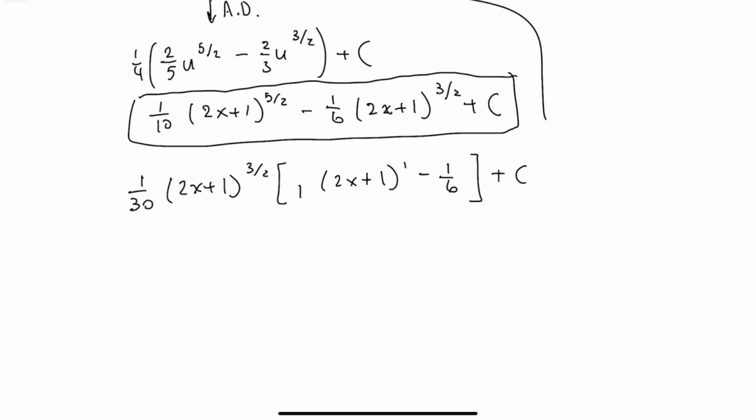So notice 1 over 10 times 30 is just 3, and 1 over 6 times 30 is 30 over 6, so it's 5. So again, if you distribute this, you'll see you indeed get the same thing above that's boxed. And now that we have 3 times this, we can distribute and then combine. So notice here we get 6x plus 3 minus 5, which is the same as 6x minus 2.